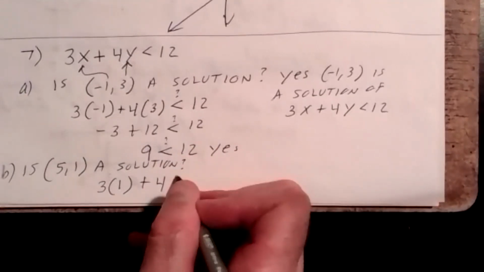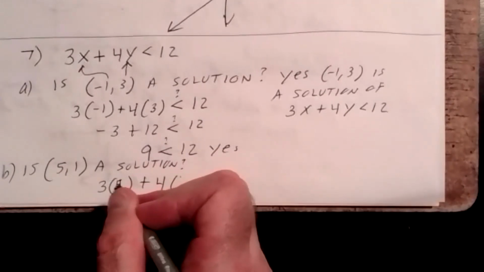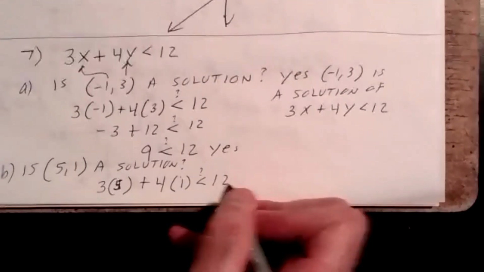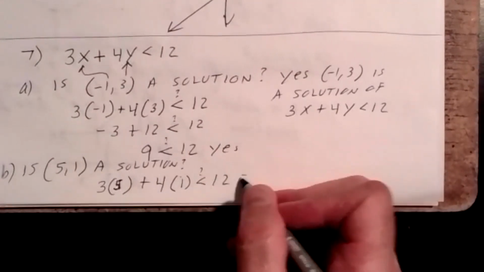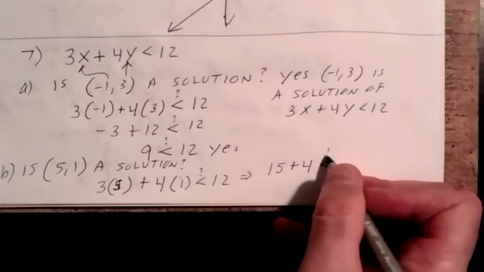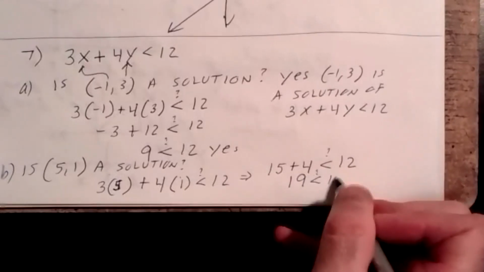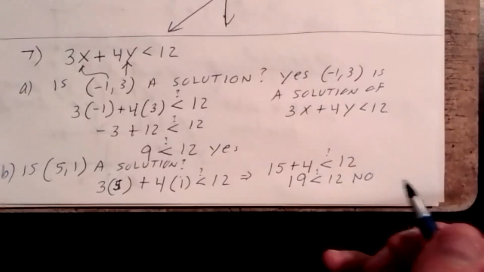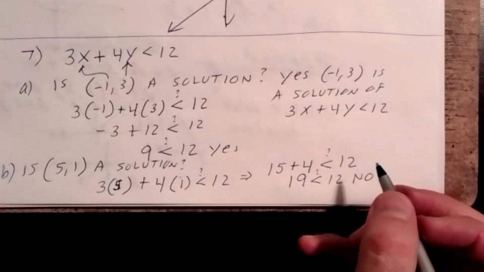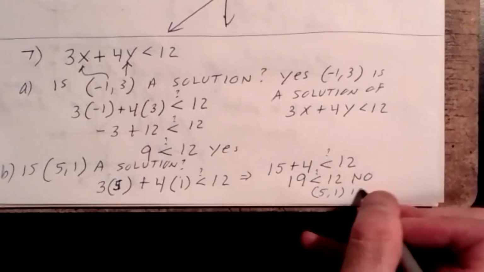So is 3 times 5 plus 4 times 1 less than 12? Is that true? 3 times 5 is 15. 4 times 1 is 4. Is 15 plus 4 less than 12? Is 19 less than 12? The answer is no. So therefore, we would conclude that 5, 1 is not a solution to this inequality.